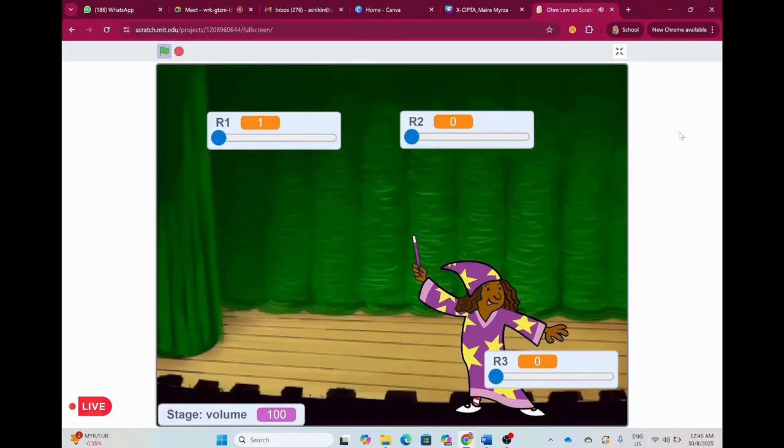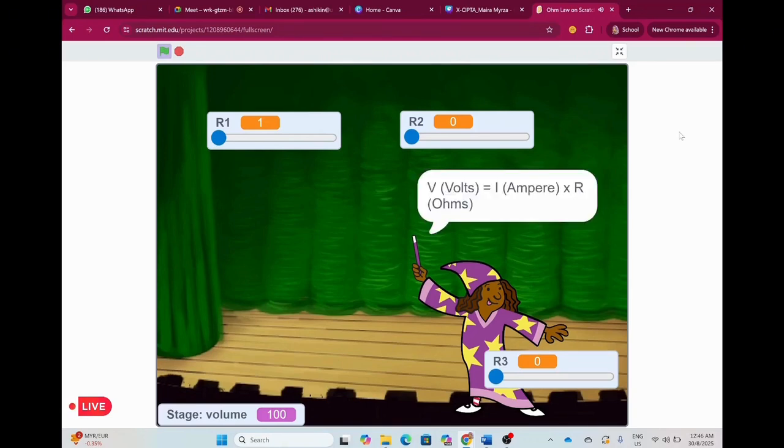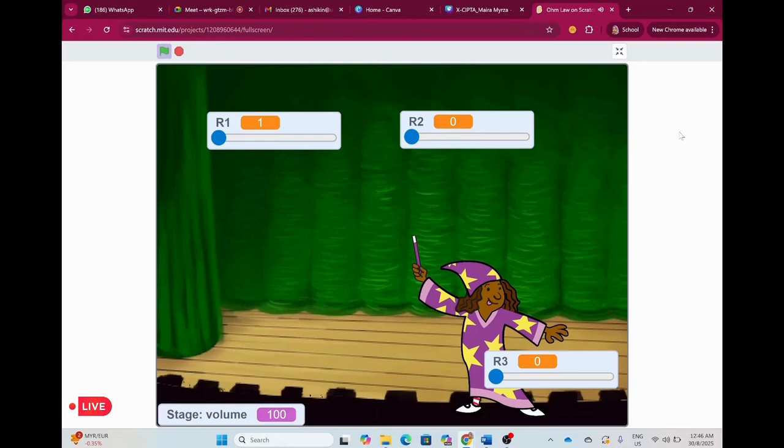Hello. We are going to learn about Ohm's law. Ohm's law is defined as the relationship between voltage V, current I, and resistance R. Let's see Ohm's law in series circuit.